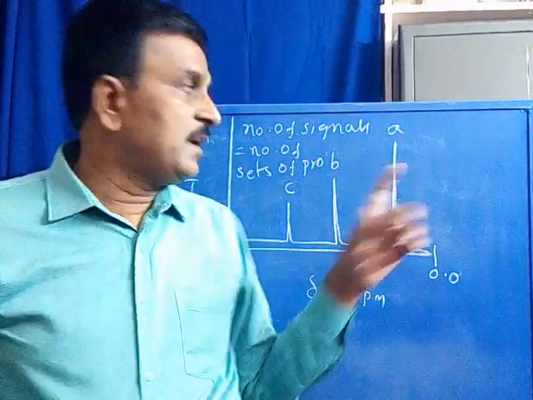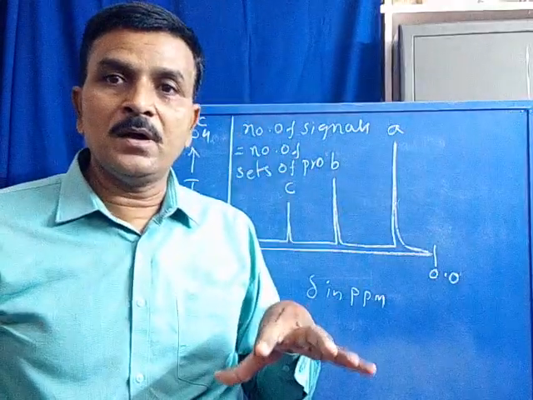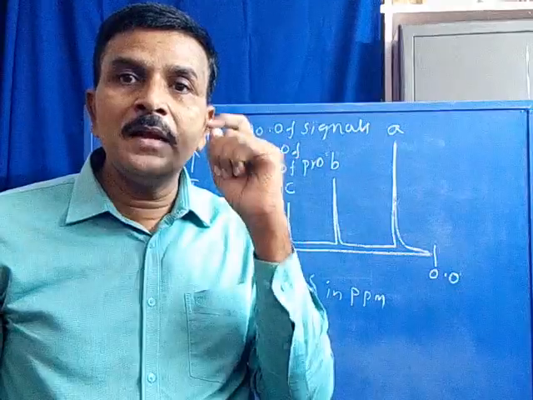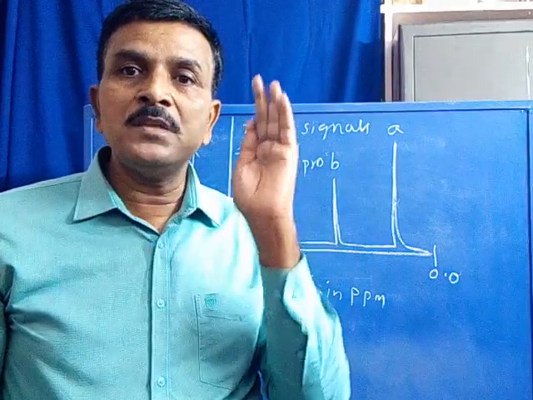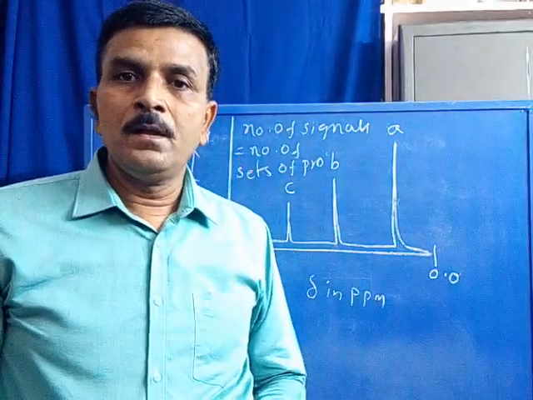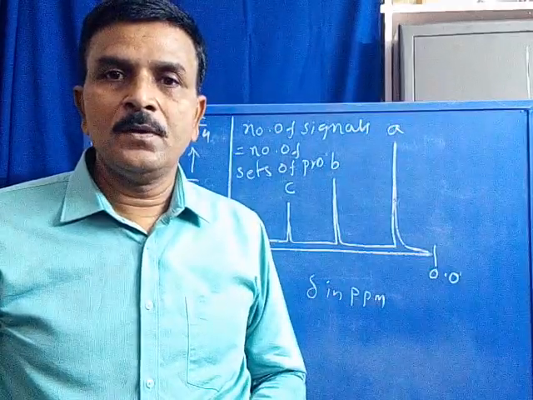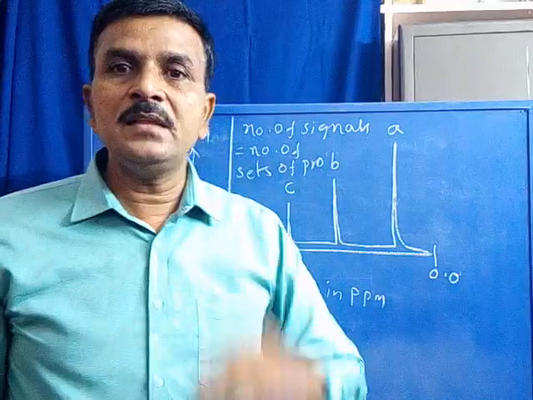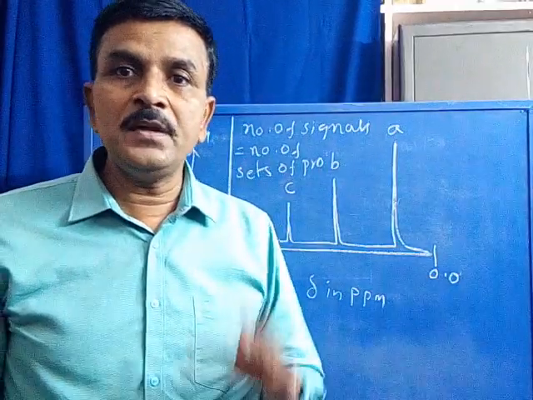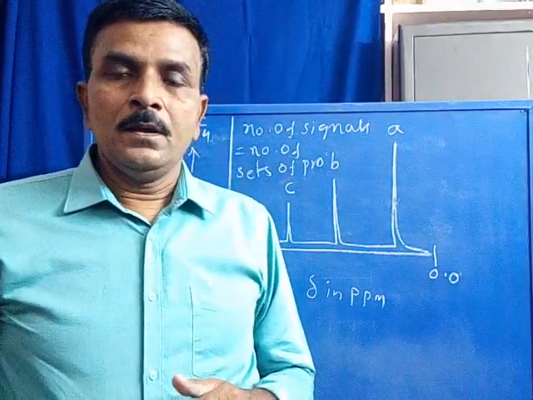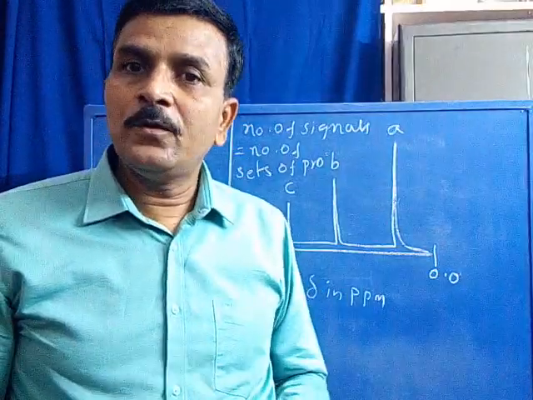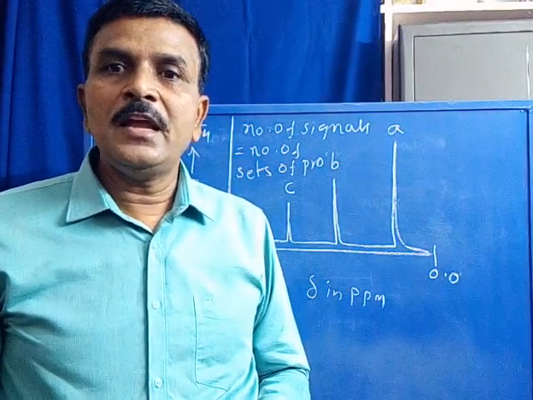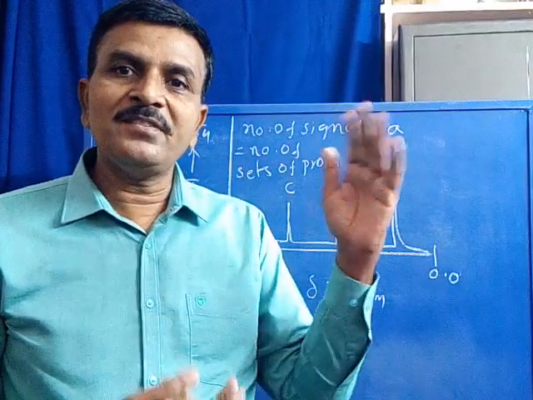The number of signals is related to the number of sets of protons, while the height or intensity of every signal is related to the number of protons present in a set. Now the number of protons is calculated from the signal intensity with the help of integration, or by the process of integration.